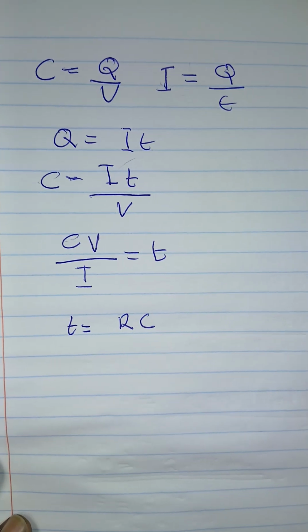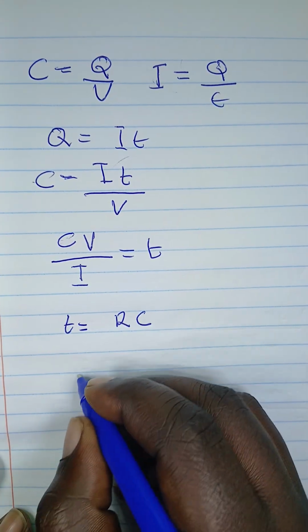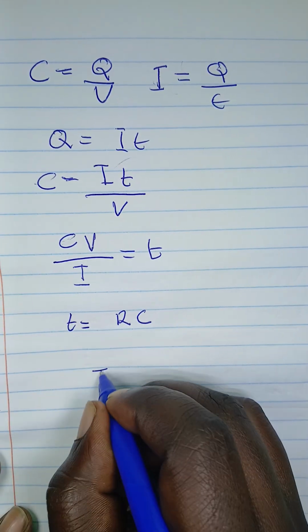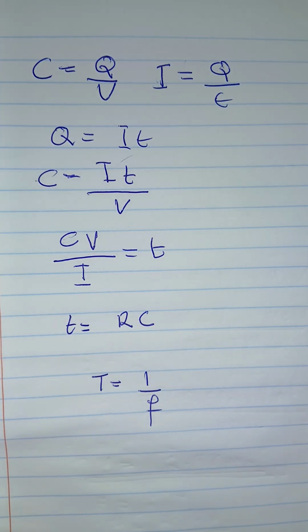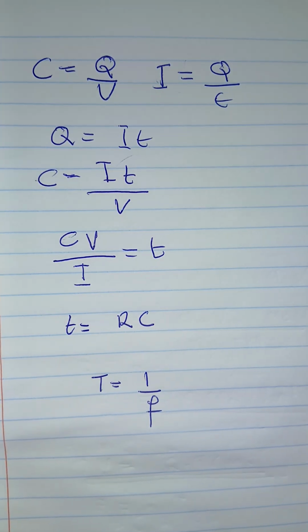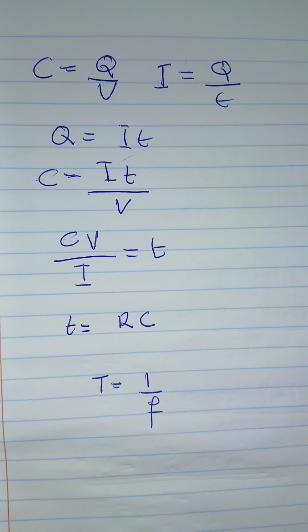But we all know that T, the period, is equal to 1 over F. So substitute into the formula.